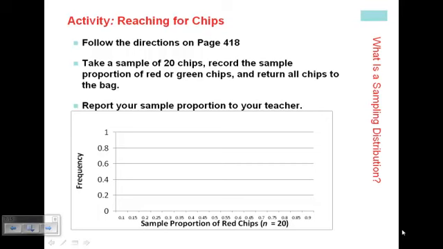What's going to happen is that we're going to do repeated draws, repeated samples from these two populations, and then we're going to find out what all those p-hats look like. So I'm going to stop this recording because no one's going to want to listen to a recording of you guys doing samples.